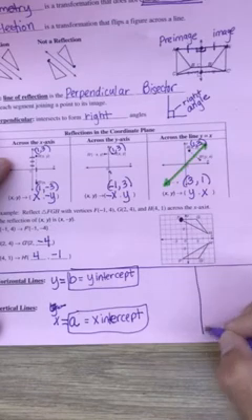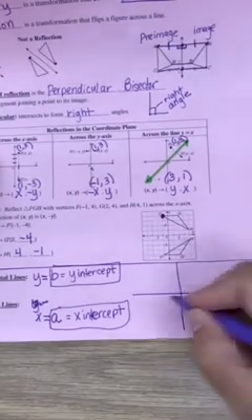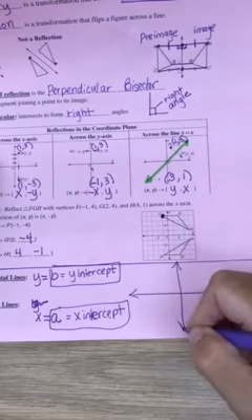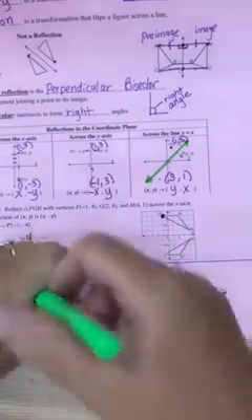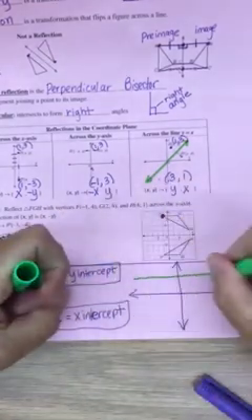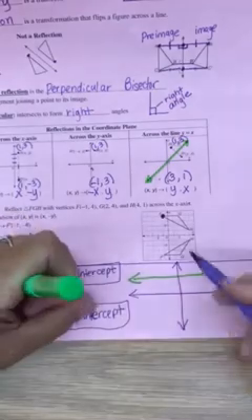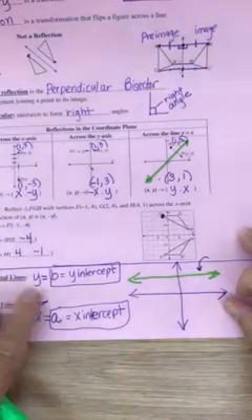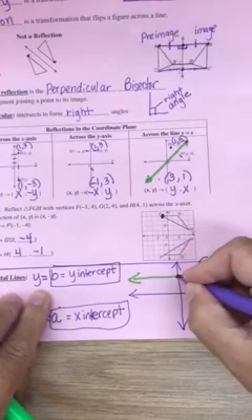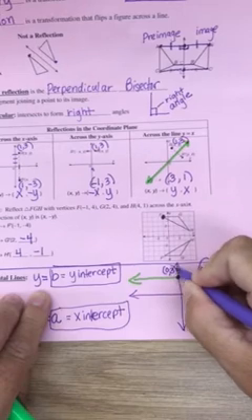So if you wanted to talk about a horizontal line, remember a horizontal line is that line that goes left to right, the horizon. The name of this line, horizontal line, is whatever this coordinate is, 0, 3.